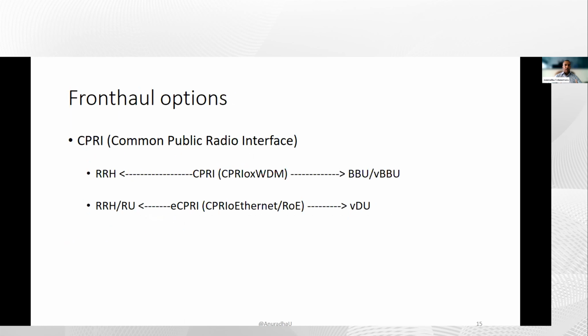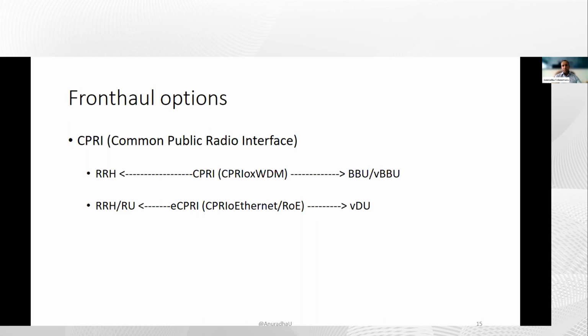And onto the front haul side, we have this requirement of CPRI, which also can be transported over WDM. That means your front haul is going to be a WDM network, or maybe try to use the Ethernet way of transporting, or radio over Ethernet.